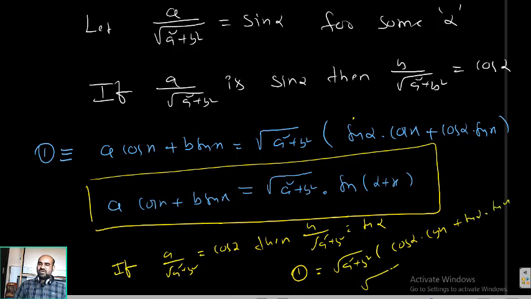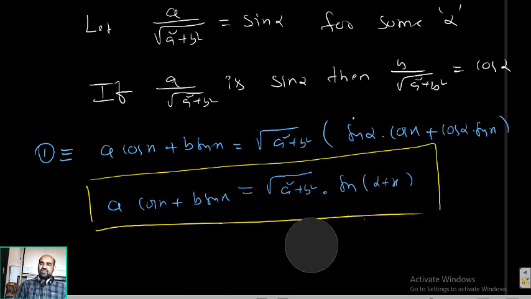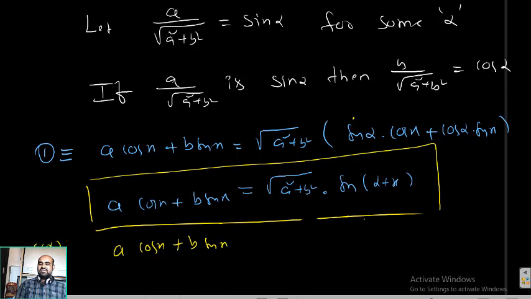In this case, this becomes root over a square plus b square into cos of alpha minus x. That I will write now. Or a cos x plus b sin x equals root over a square plus b square into cos of alpha minus x. This is a very important result.